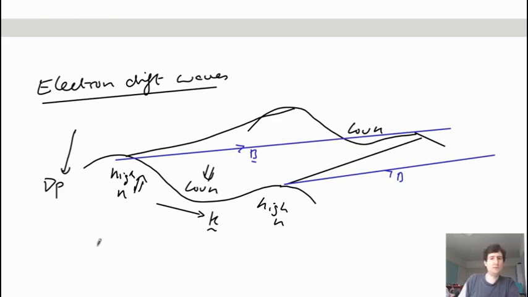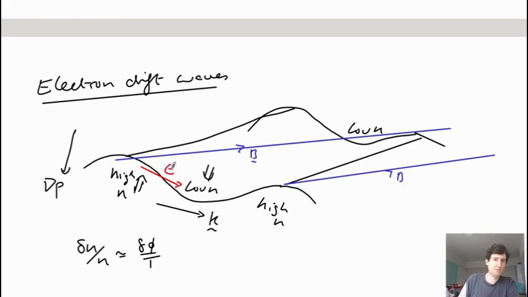And so because we have this adiabatic response, delta n over n is roughly delta phi over T. What happens is the high n regions correspond to high potential, and low n correspond to low potential. And so we end up with basically electric fields which go from high to low.